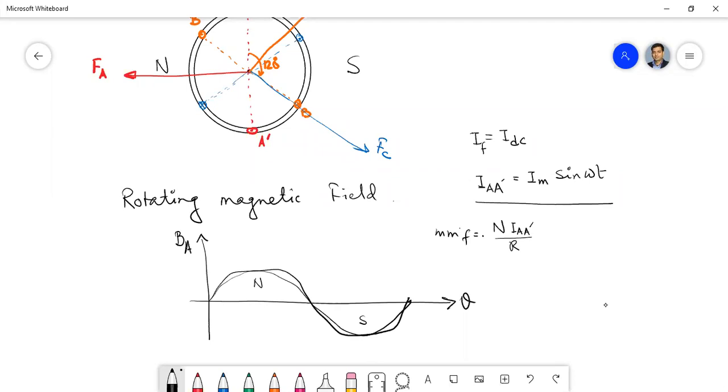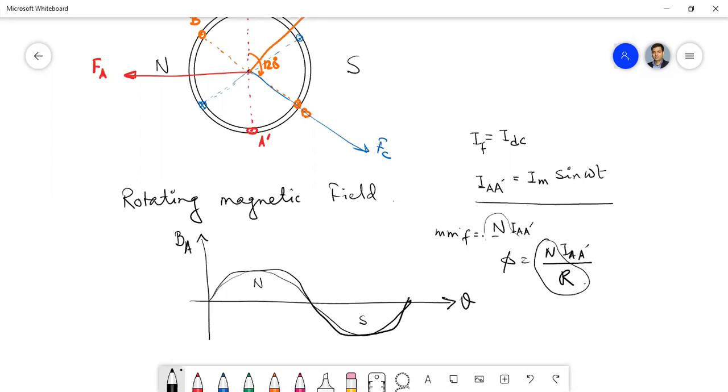All these parameters are basically constant. So this MMF will depend on this current. The flux is N I A prime by reluctance. This N or N by R, all these are constant. So the flux depends directly on this A prime current.